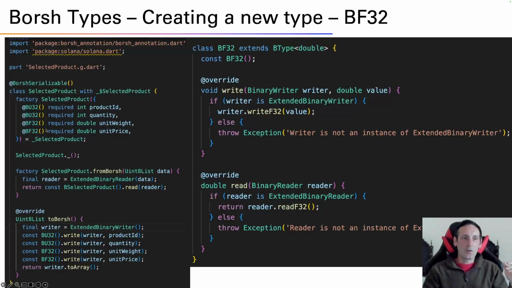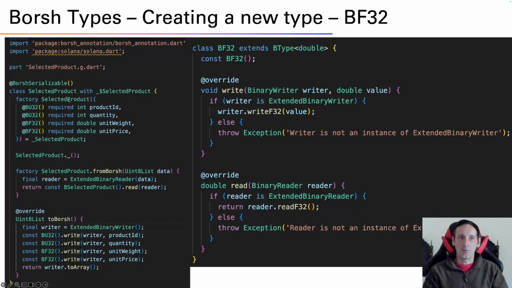The one that was missing is this BF32, and now you start understanding why I called it that: to continue the same terminology that already existed in the package. They called it BU32, and I called this one BF32, for floating point 32, which is equivalent, as you can see here, to the double type in Dart.